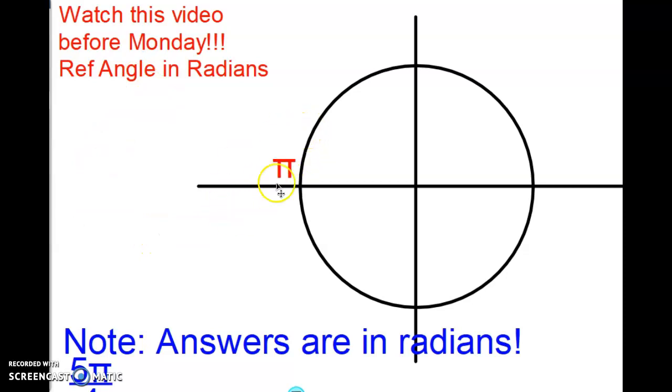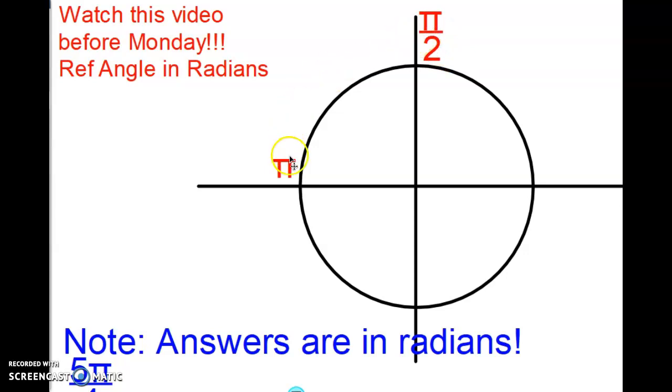And as you know, half of this circle is 180 degrees or pi radians. And if we do half of what we just did, then you are going to get 1 pi over 2 is straight up.